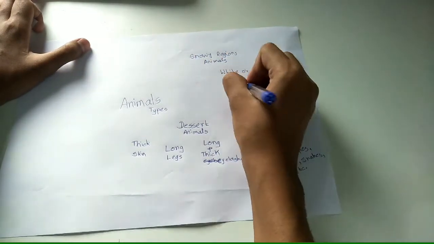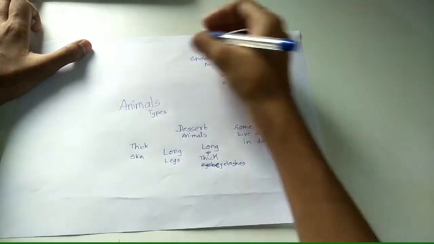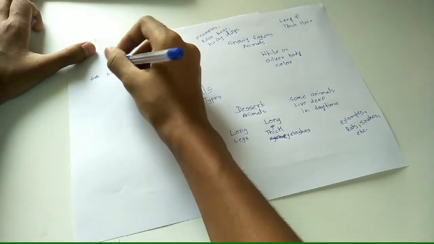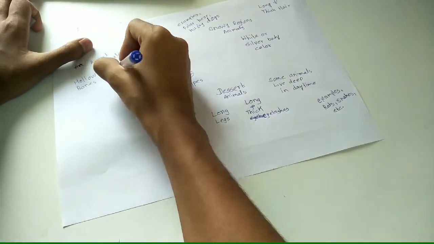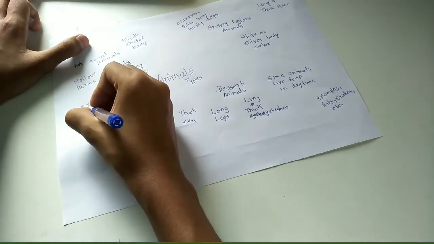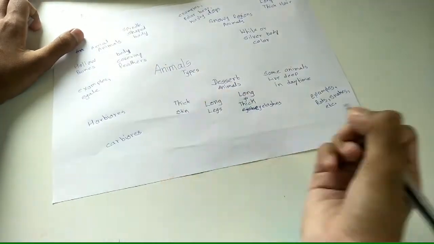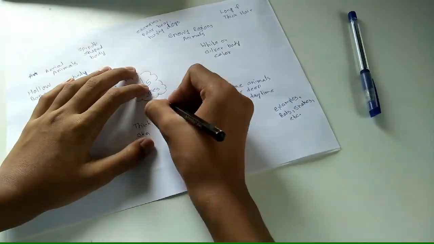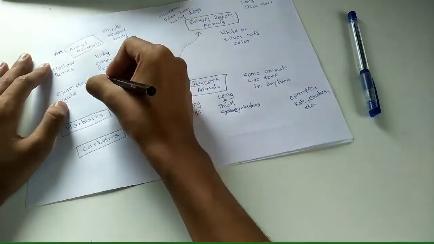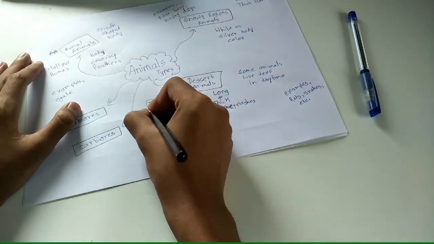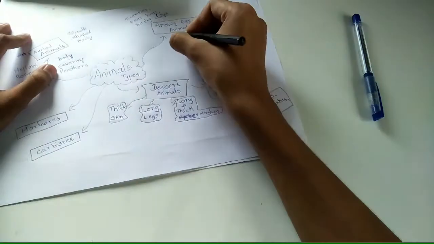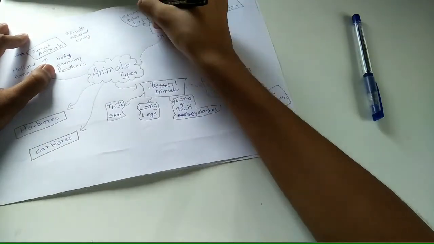And then I wrote again the sub things of the desert animals, and after that was completed, I wrote example, and also I did the same with all of the other things like snowy region animals and aerial animals.